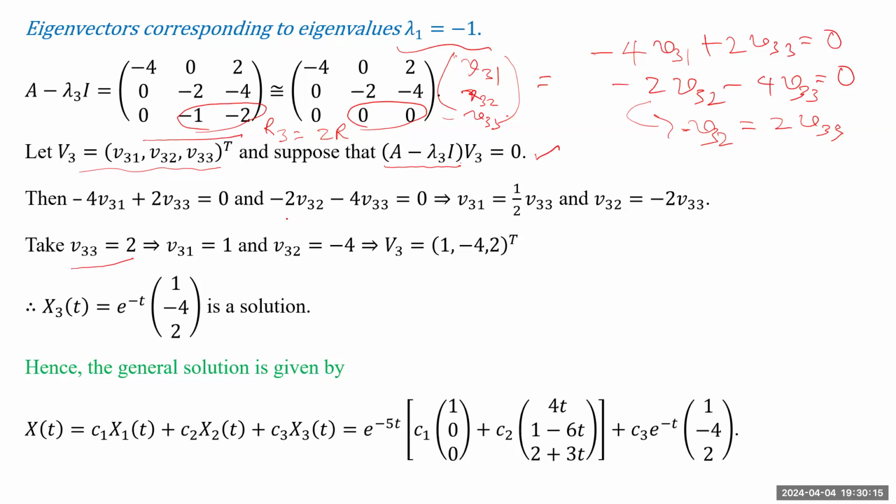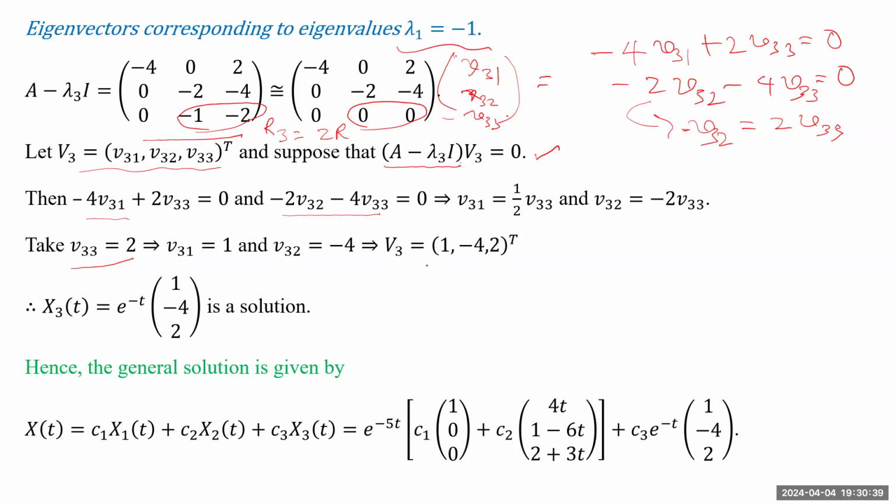Of course, the minus or plus, no problem. Based on that I choose here, but here is a different choice. Minus 4 V31 plus 2 V33 is 0, so V31 is equal to 1 by 2 V33, and V32 is equal to minus 2 V33.